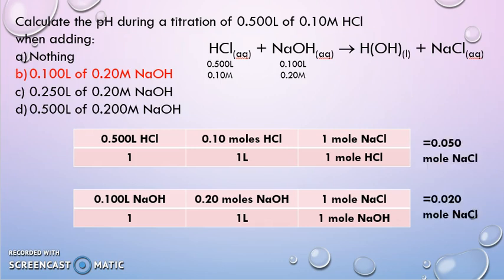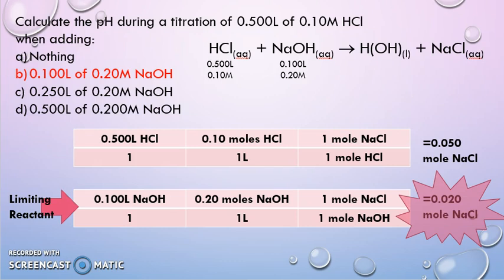Now hopefully you know what this means. If I can only make 0.020 moles of NaCl, that implies that for point B, my NaOH is my limiting reactant. And that's very important because it means I'm not going to have any of it left over, but I will have leftover HCl.